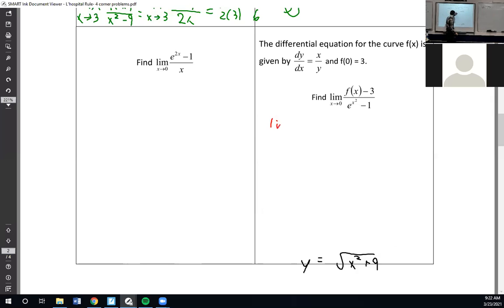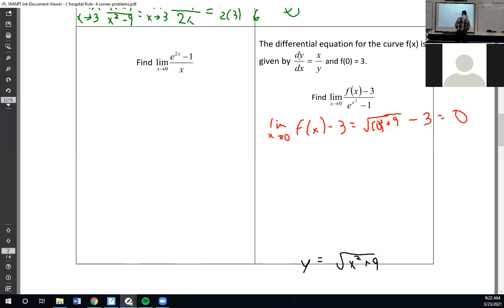And we'll find limit of the top, limit of the bottom. f of 0, 0 squared plus 9, all under square root, and a minus 3. That's the square root of 9 minus 3. 3 minus 3 is 0. How about that? No one saw it coming.